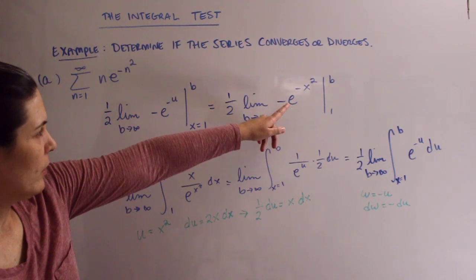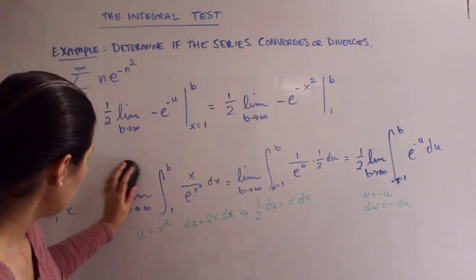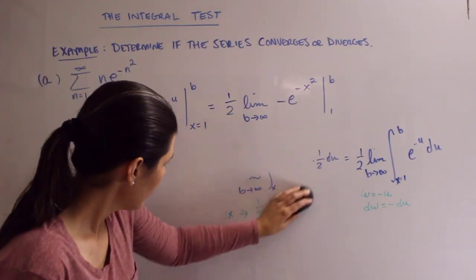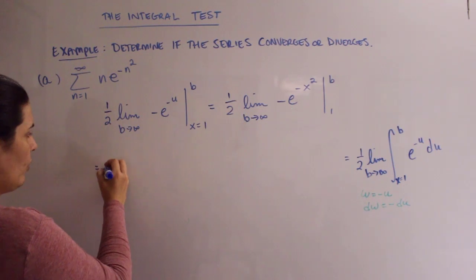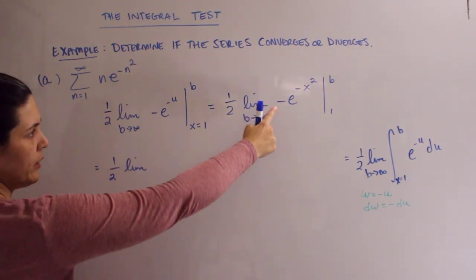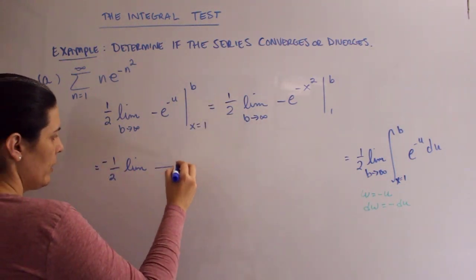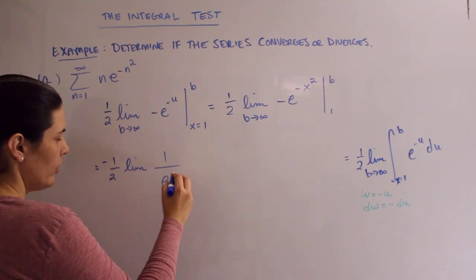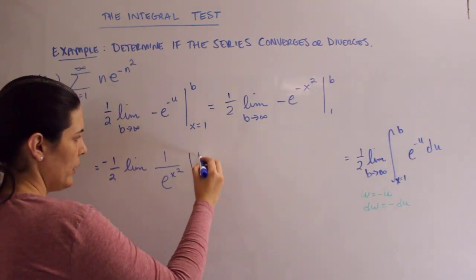Now let's just make this look a little better. I'm going to move this to the denominator because of that negative exponent, and then keep going. So we have 1/2 our limit. Actually, let's bring that negative all the way out front. Negative 1/2. This is going to be 1 over e to the positive x squared, evaluated from 1 to b.